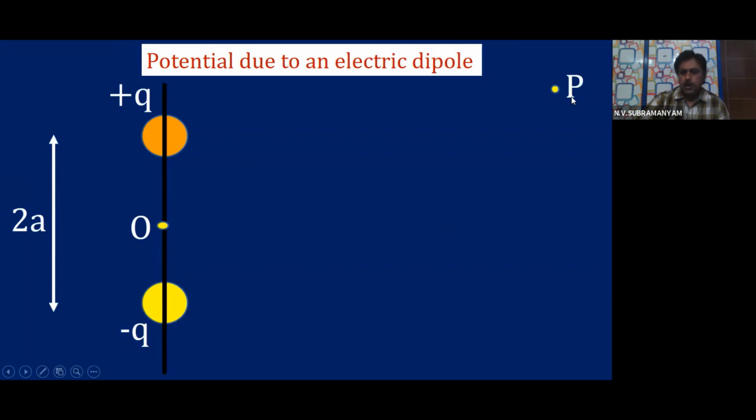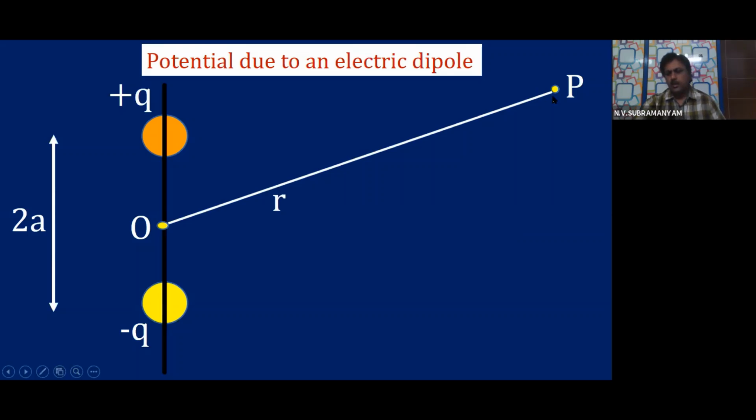Here P is a point in space. R is the distance from O to P. I want to calculate the potential at the point P due to this electric dipole.